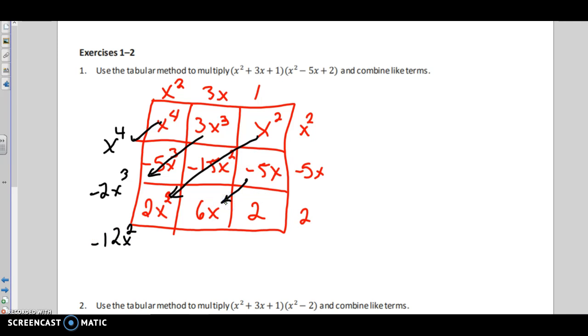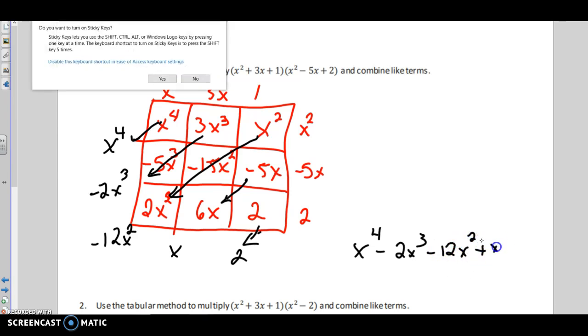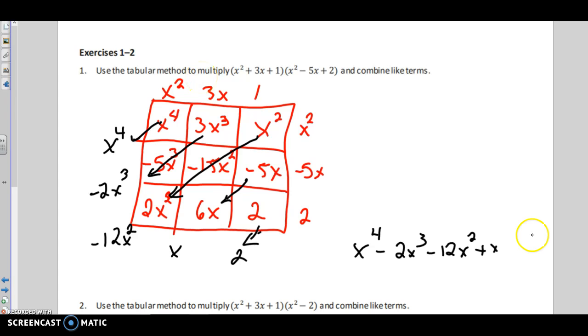My x is negative 5 plus 6 is just 1x. And then I only have one constant, it's 2. Your final solution would be x to the 4th minus 2x cubed minus 12x squared plus x plus 2.